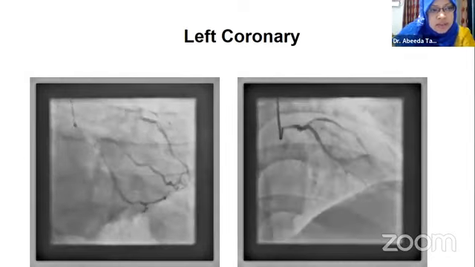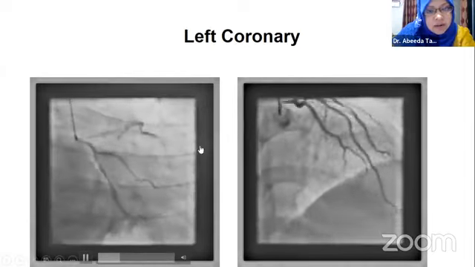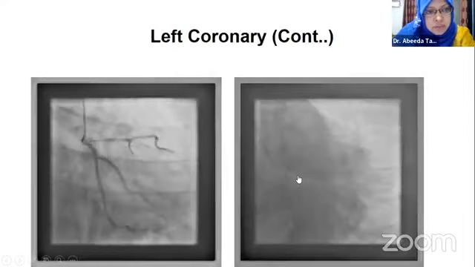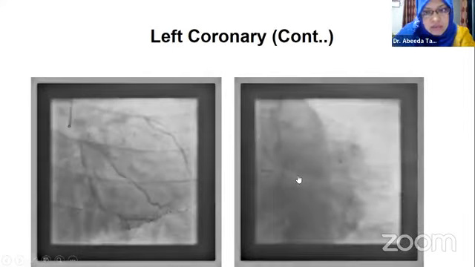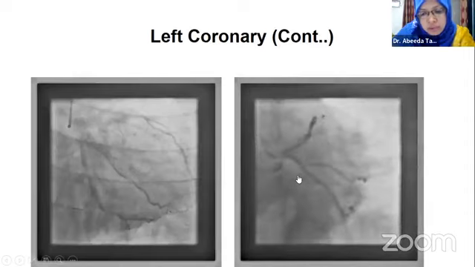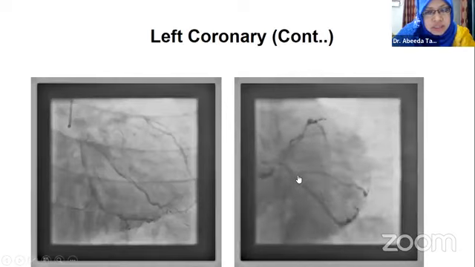In the first view, we can see a proximal LAD occlusion, and the other stent was patent, and these are the other views. So ultimately, we had to put a stent in left main to LAD to treat the lesion.